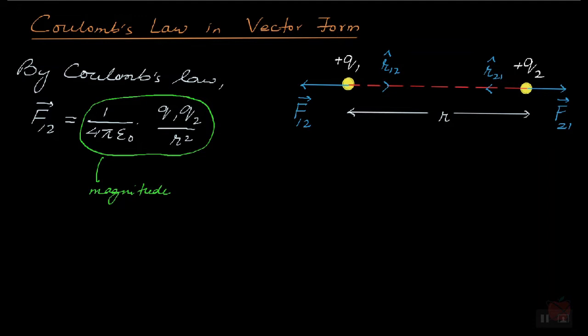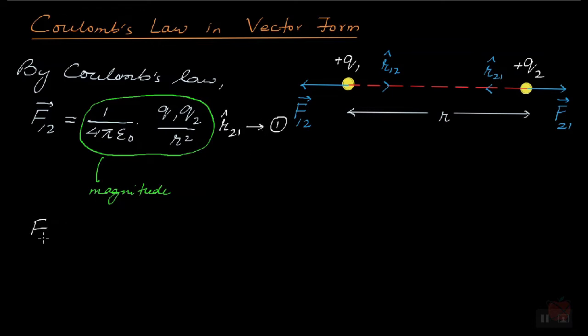Therefore there should be a direction also, and that direction is represented by the unit vector. Now which unit vector are we going to put? This one or that one. If you look at this force, it is going in that direction, that means it is going from Q2 to Q1. So we should put that unit vector which is in the same direction. So this one. We will put a unit vector here, R21 cap. So that's equation 1.